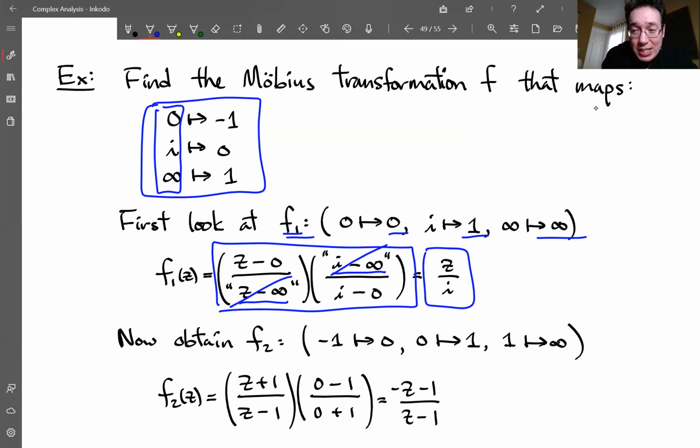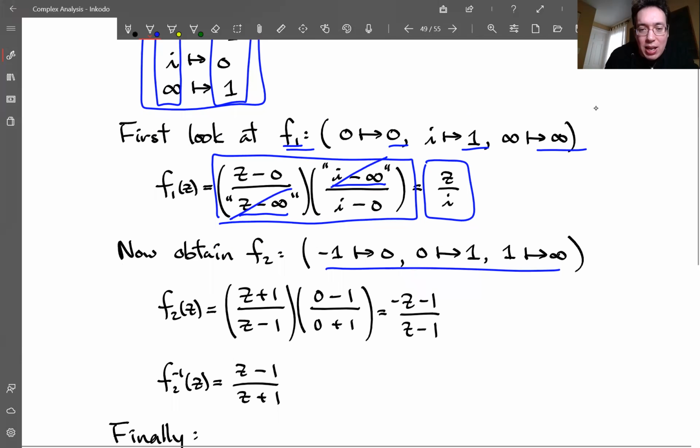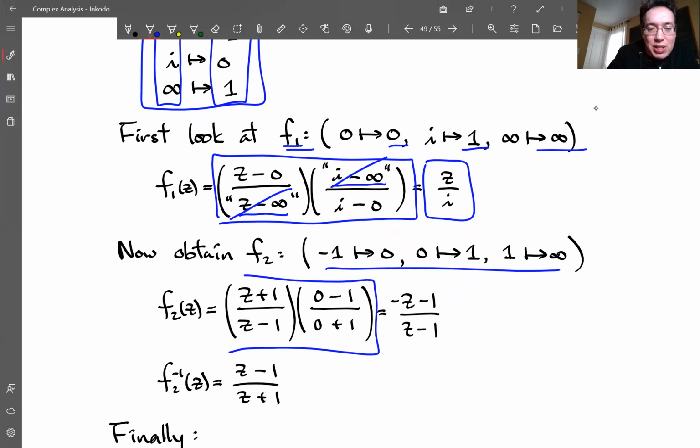Okay, so this is my F1, and F2 is going to be the Mobius transformation that maps -1, 0, 1 into 0, 1, infinity. So this is what I want to do. And again, I could use the same formula, and again, we get (z + 1) over (z - 1), up to the sign. So that will do the second thing I wanted.